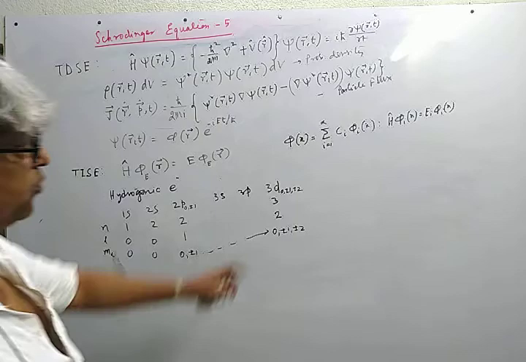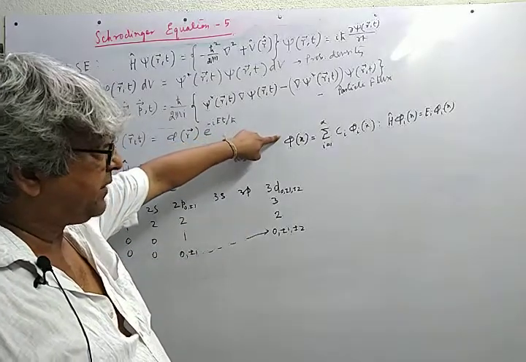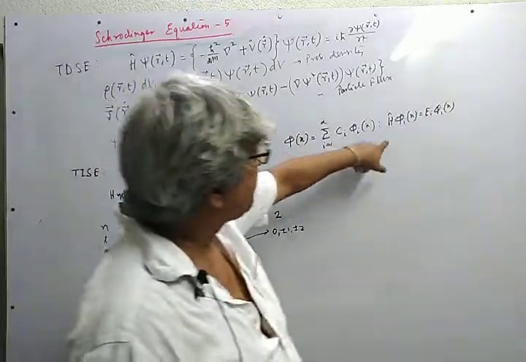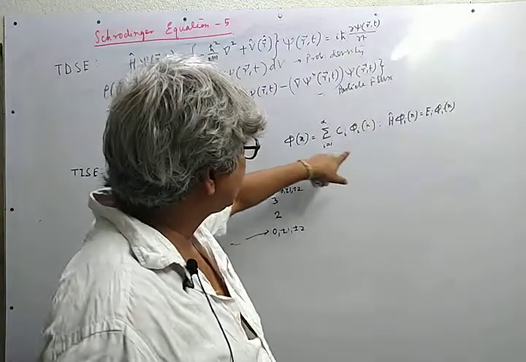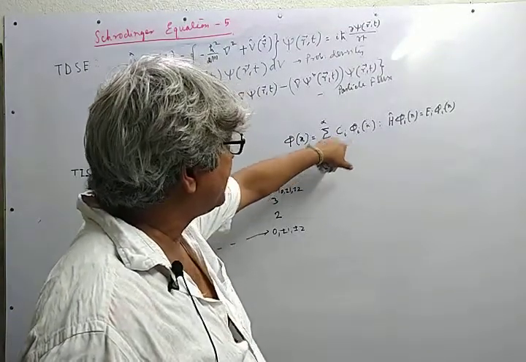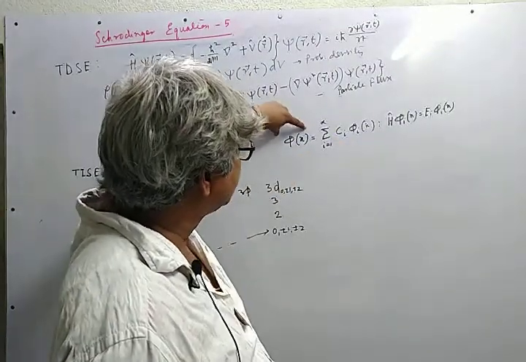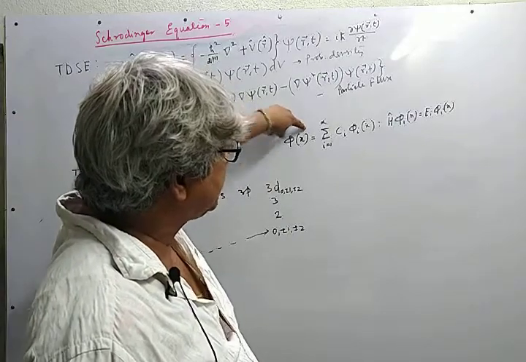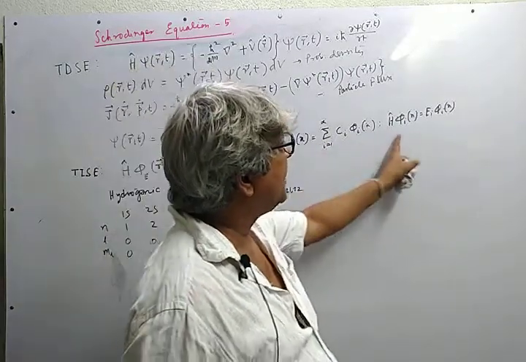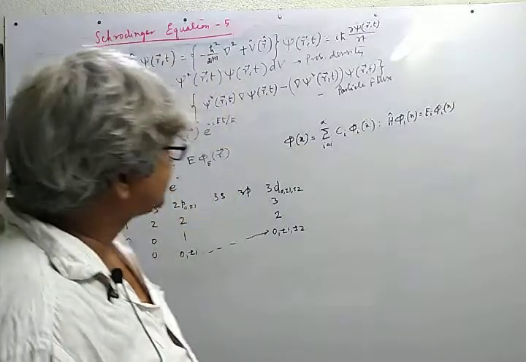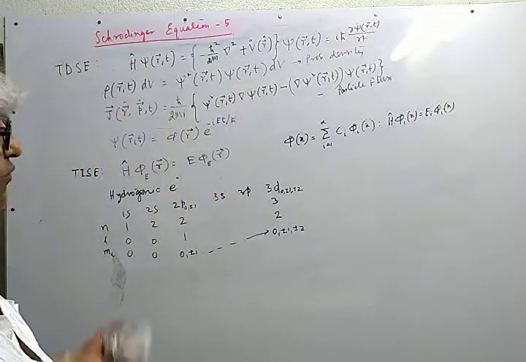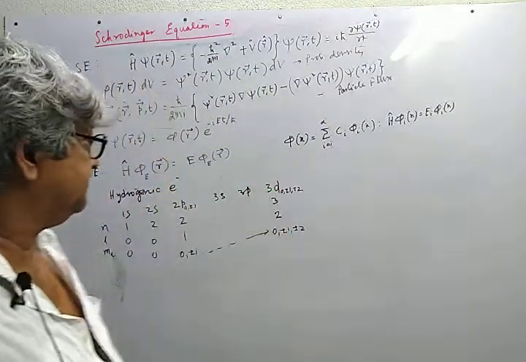Then one says that before the measurement is made, the system is in a superposition of states, where we have expanded the general state or the superposition state in terms of the eigenvalues of the Hamiltonian of the system, or eigenfunctions of the Hamiltonian of the system.